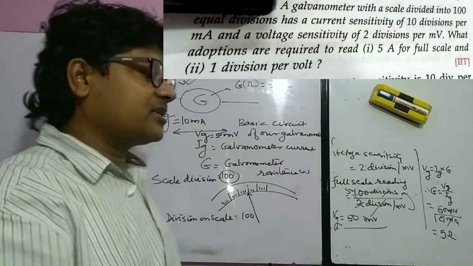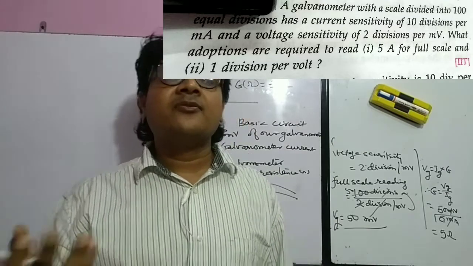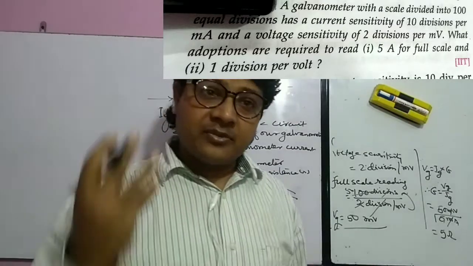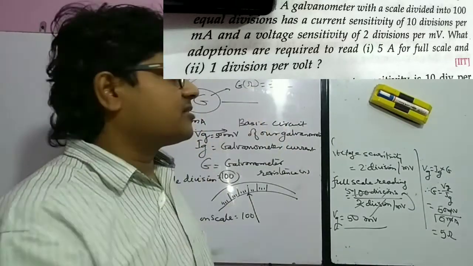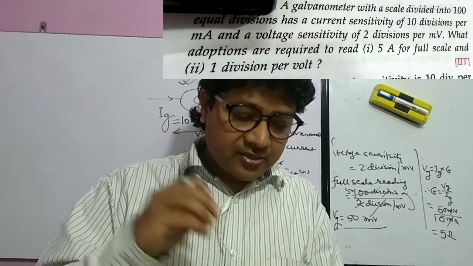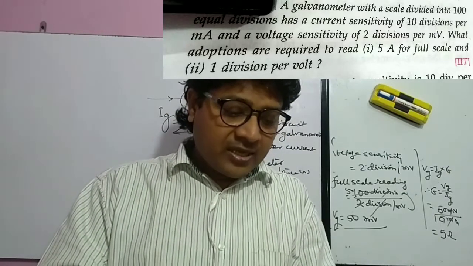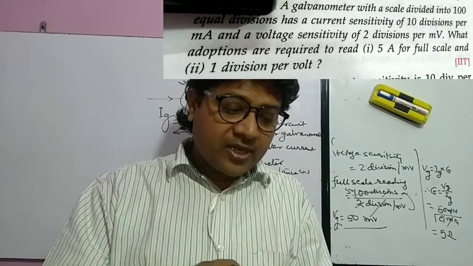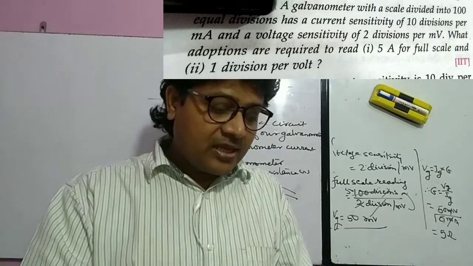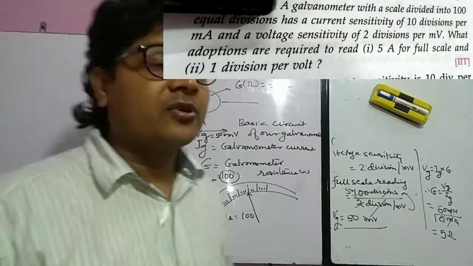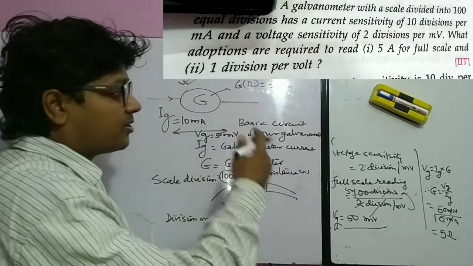So now from the sensitivity information we can calculate the galvanometer resistance, right? Then after, it was asked what correction adoptions are required to read 5 ampere for full scale and 1 division per volt, fine.